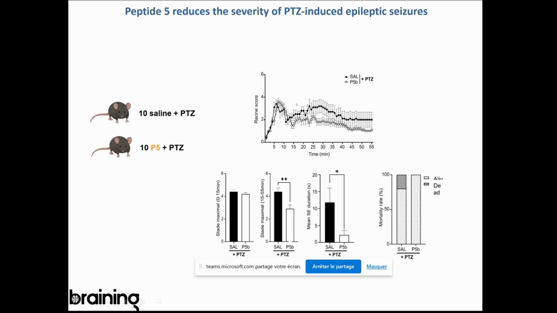So we induced acute epilepsy in these animals, and Erwan and Celia looked at the effect of their peptide on these acute seizures, and as you can see, it significantly decreased the duration of the acute seizure, and also decreased the deaths that can happen after a seizure in these animals. So we believe this peptide is very promising for the regulation.